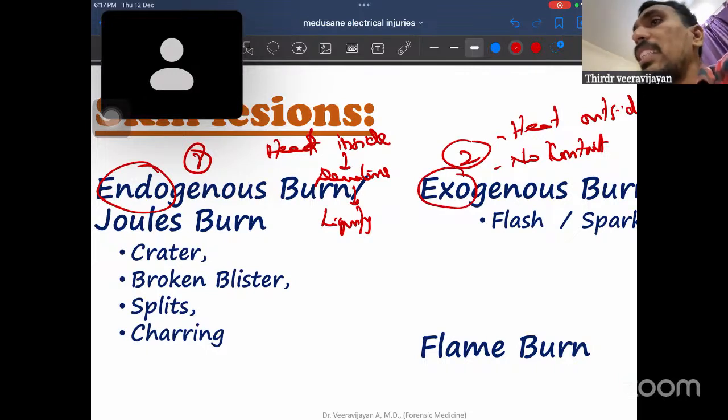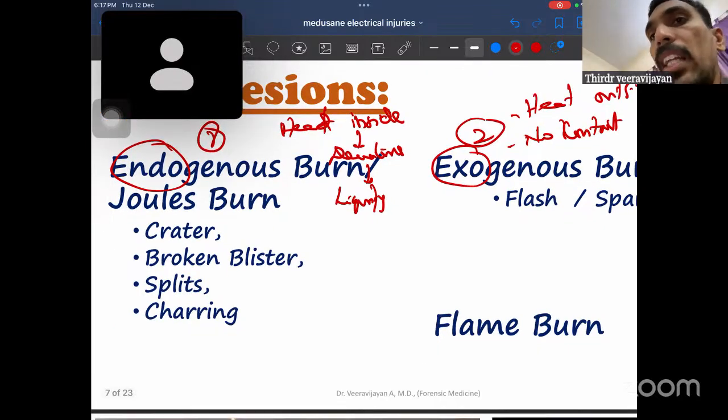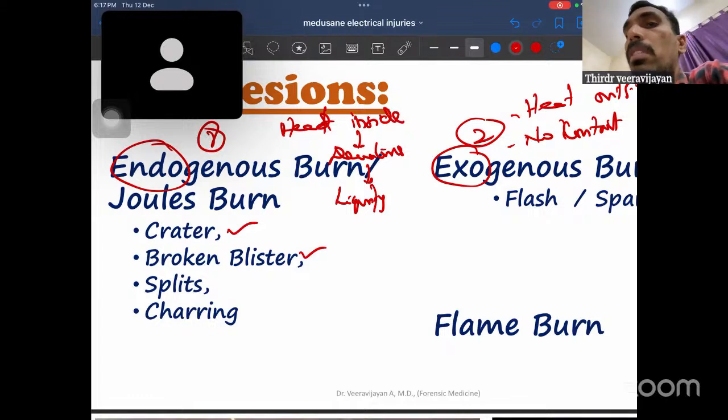Another thing is, there is no contact with the live wire in exogenous. In endogenous, there will be some contact. These endogenous burns are otherwise known as Joule's burn. There are varieties of Joule's burn. The varieties are crater, broken blisters, splits or lacerations. In the end, it will get charred. These are just the names for Joule's burn, depending on the appearance.